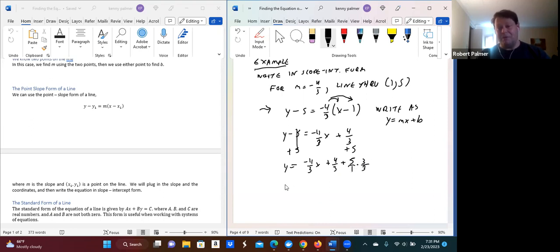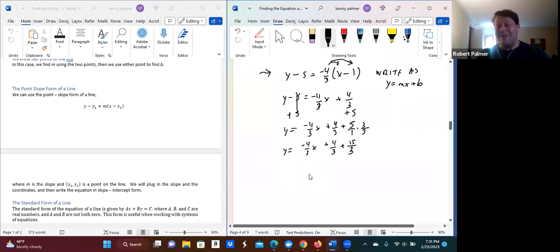We're just writing it with the denominator of 3. This becomes y equals negative 4/3 x plus 4/3, and plus 5 times 3 is 15, and 1 times 3 is 3. Now they have the same denominator. We can combine this, and y is negative 4/3 x plus 19/3.